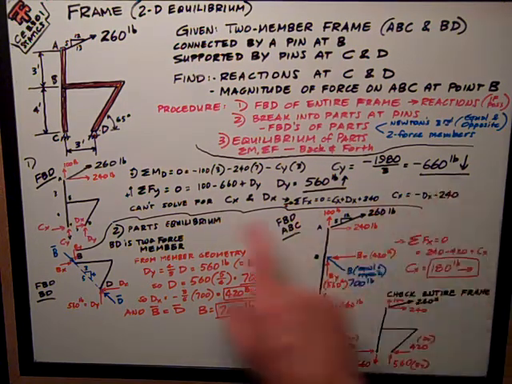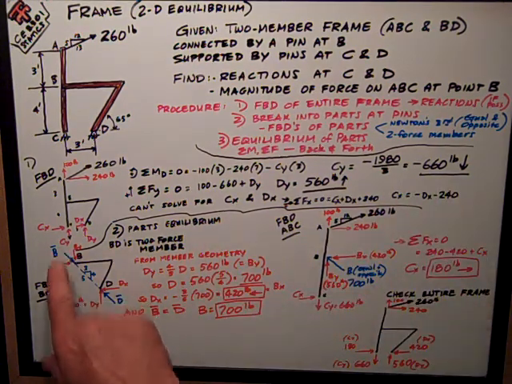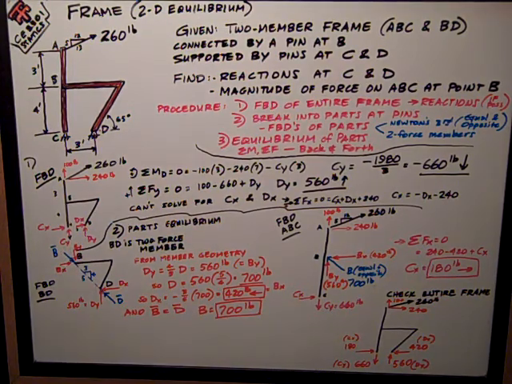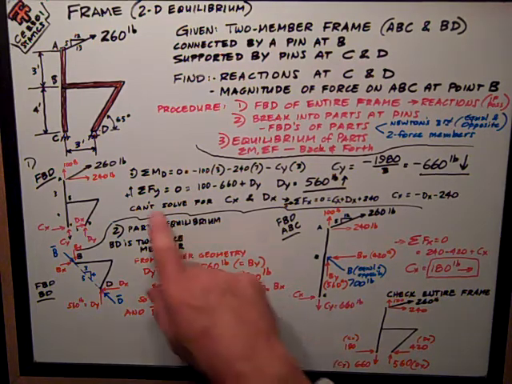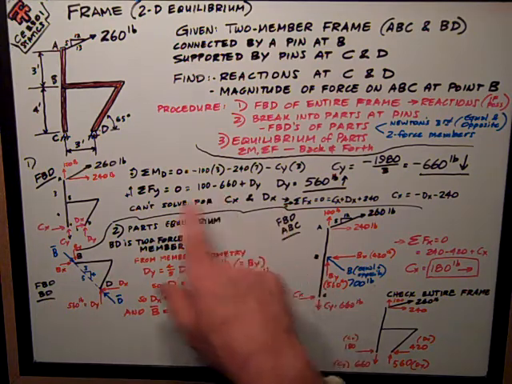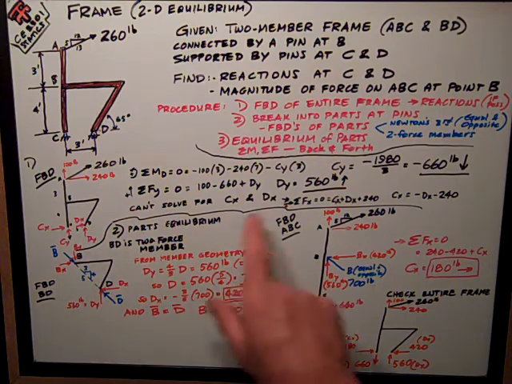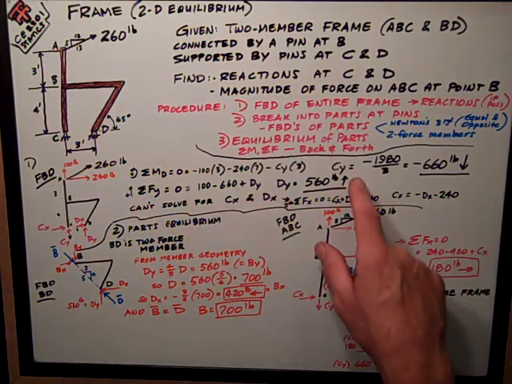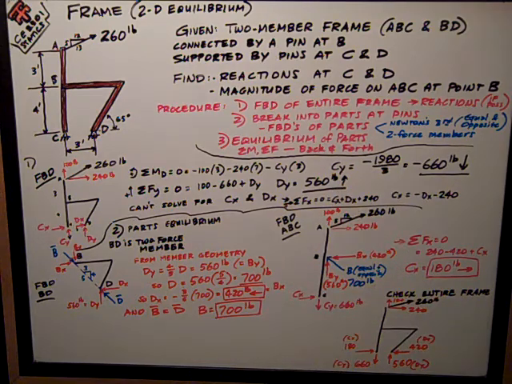The negative sign means the opposite of what I assumed, which was up. So I've put a little black head on that arrow in the other direction, because I want to look at the sum of the forces in the Y, and I want to make sure I know that that's down. So I've got 100 up, 660 down from CY, and DY assumed up, so that makes it positive, 560 pounds.